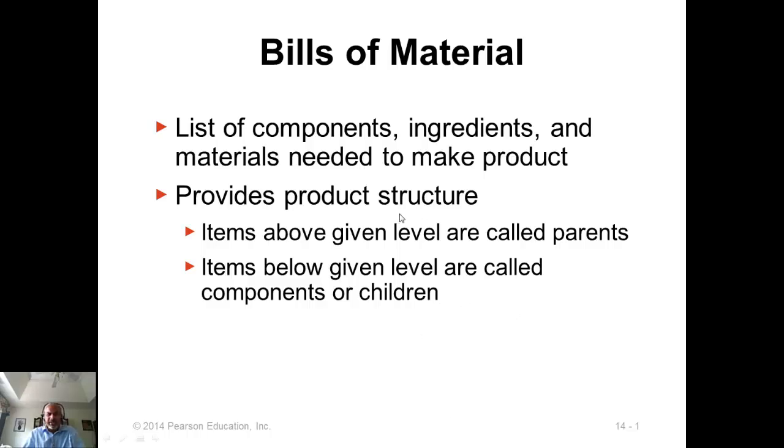So it provides a product structure, items above. So we'll have levels of items. So at any given point there may be products that come below it, okay, and those are the components that are needed to produce this product, and this may be used as an input product for the item above it. So there are several levels.